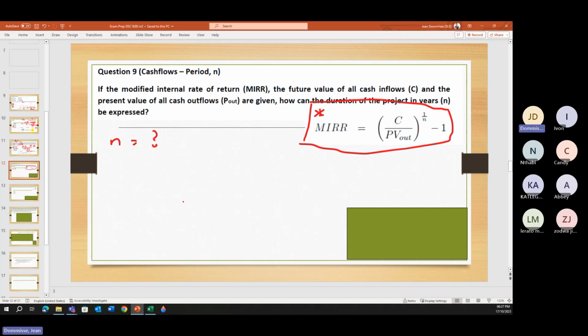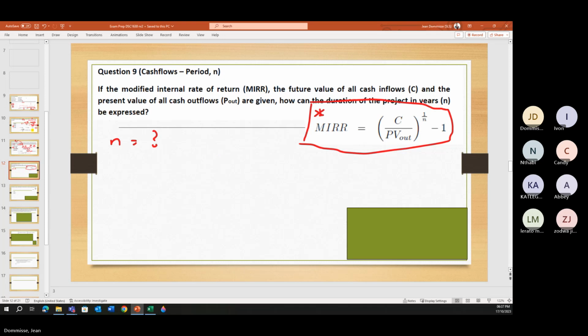Again, this was a different type of question. Normally, we will get the information to work out MIRR, and not this way around. Okay, so let's look at it.